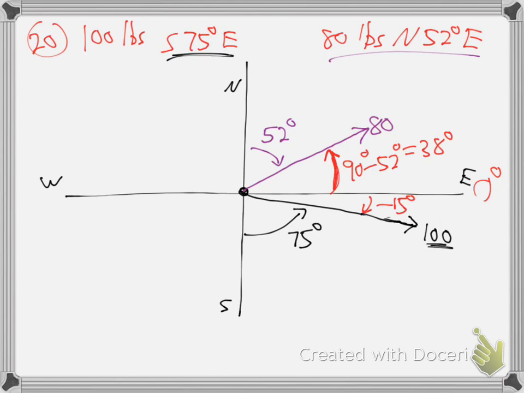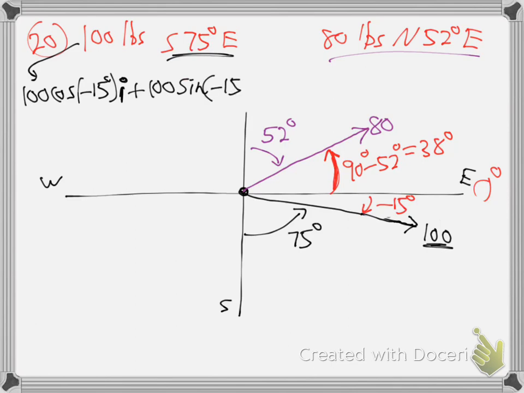Okay, so now how do we write the two vectors? We say the 100 one. So this guy right here is going to be 100 cosine of negative 15 i plus 100 sine of negative 15 j.